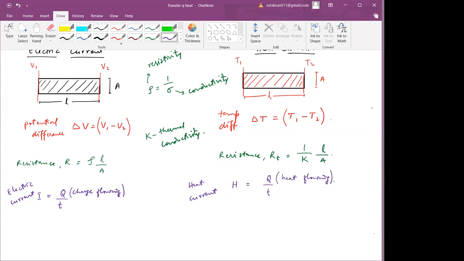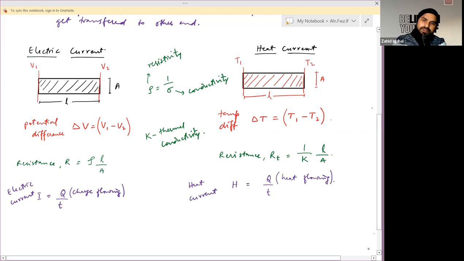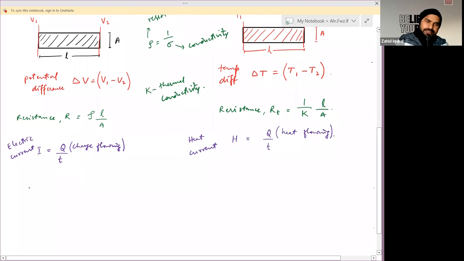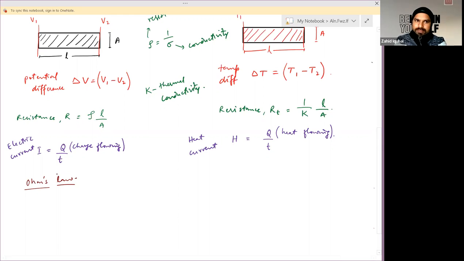Now, we have to relate these different quantities according to Ohm's law. So we can say, according to Ohm's law, the amount of current flowing through any conductor should be directly proportional to the potential difference across it.